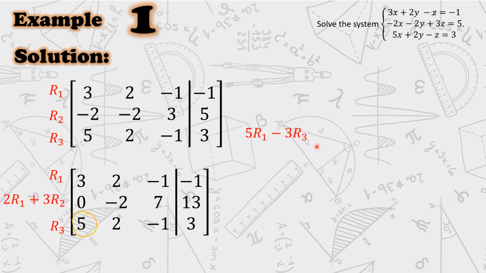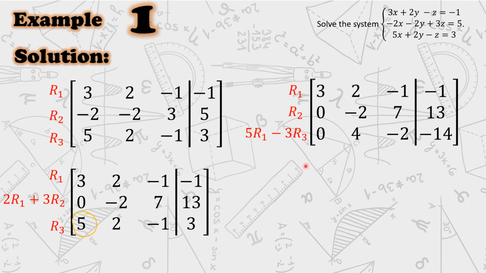So that the third row first column element will be 5 times 3, that is 15, minus 3 times 5, that is also 15. So we have 15 minus 15, 0. And then we will have R sub 1 and R sub 2 retained in the next matrix.